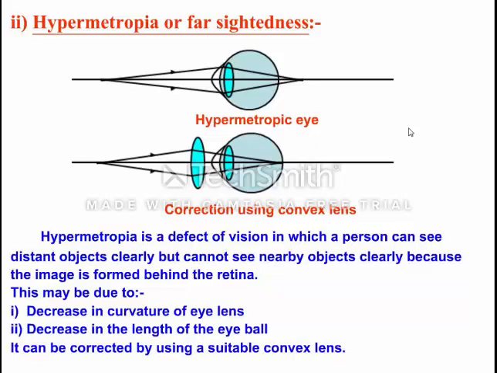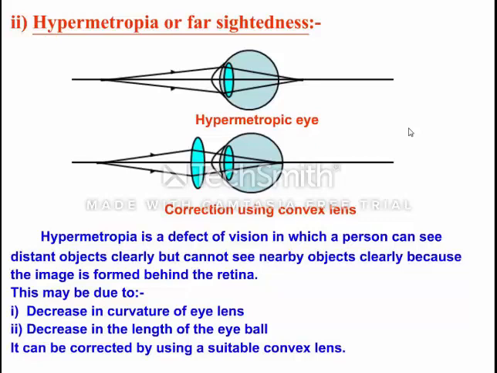So if a person is wearing a convex lens, the power is positive. If any person is wearing specs whose power is positive, only a single lens, not a bifocal lens, because we will talk about the bifocal lens in presbyopia, he is suffering from hypermetropia or farsightedness.